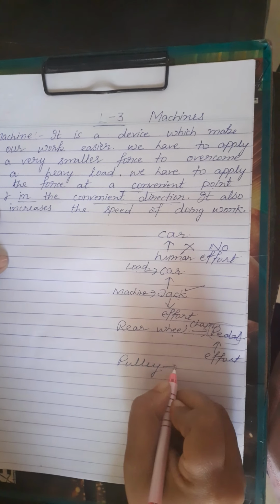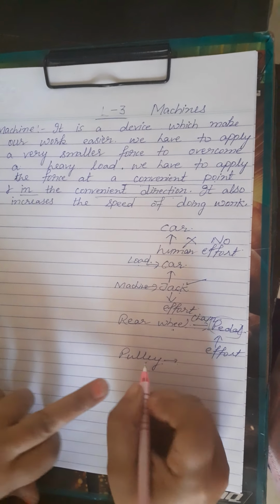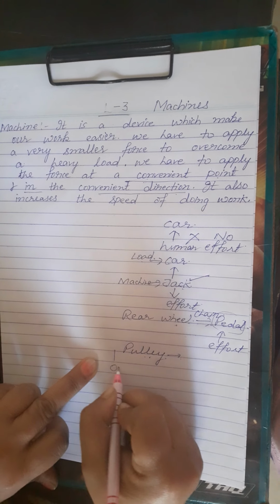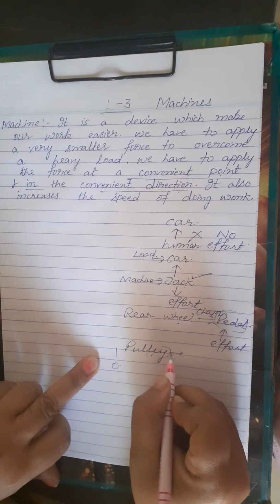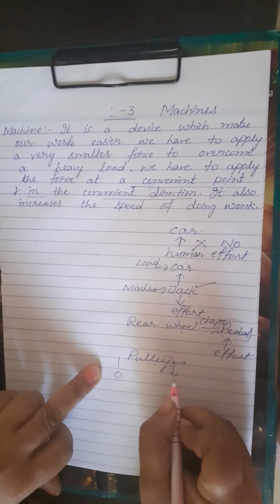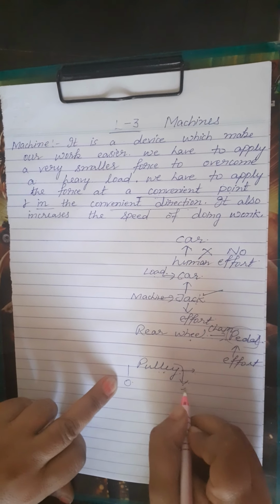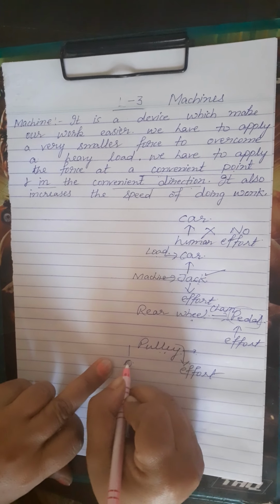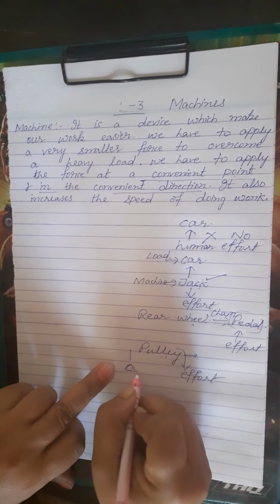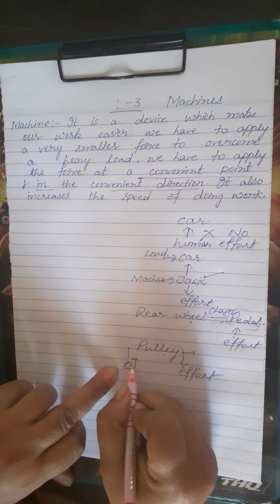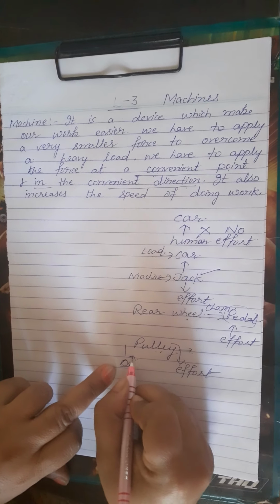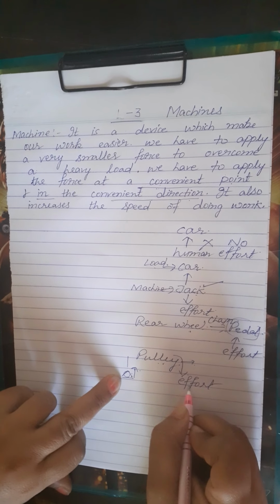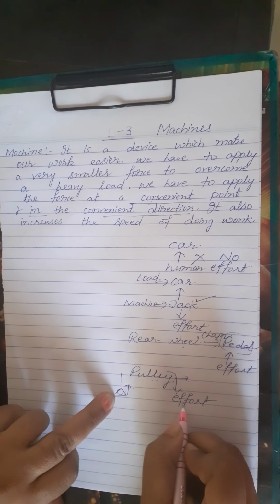And for that, to the one end of the pulley, that bucket is there, and on the other end, what is there? We are applying our effort. So our effort is in downward direction, but that bucket is moving in upward direction. We can lift a bucket full of water from the well by applying the effort in the downward direction.